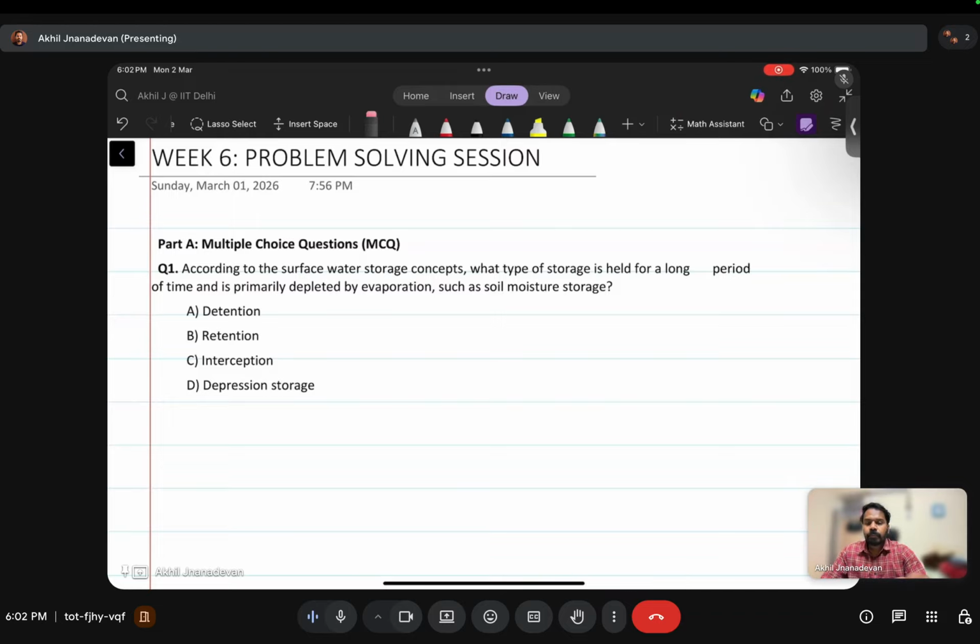So, basically, in the previous weeks, we started off with the hydrological cycle, different components of the hydrological cycle, and different processes involved in the hydrological cycle. And then we started looking into each of the processes and how they can be modeled or quantified. And for modeling these processes, we had been using a theorem called the Reynolds transport theorem.